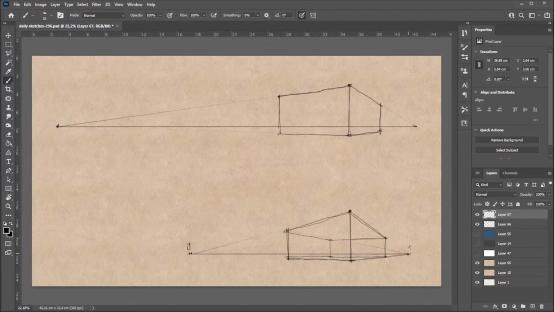If I start with a closer vanishing point, then these are looking more tilted and we have a bigger field of view. It means it's wider now, but you can draw them on the same size. It's up to you. It doesn't matter if you start with this or this.